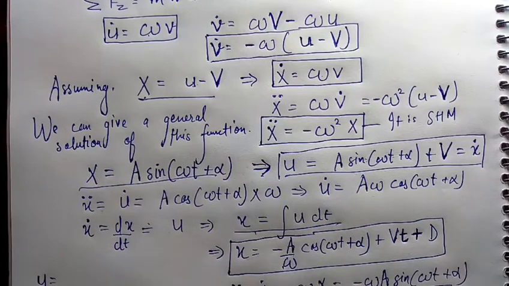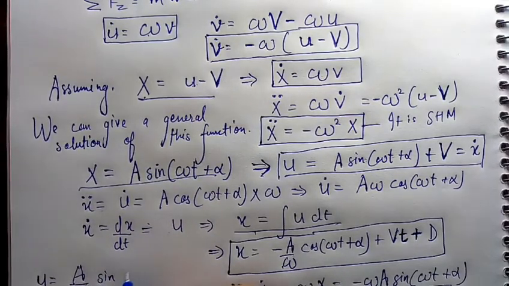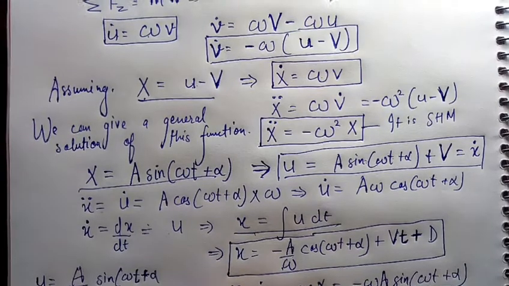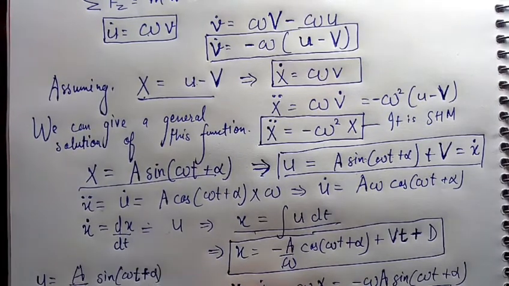So a by omega sine of omega t plus alpha, plus f times t, plus another constant.